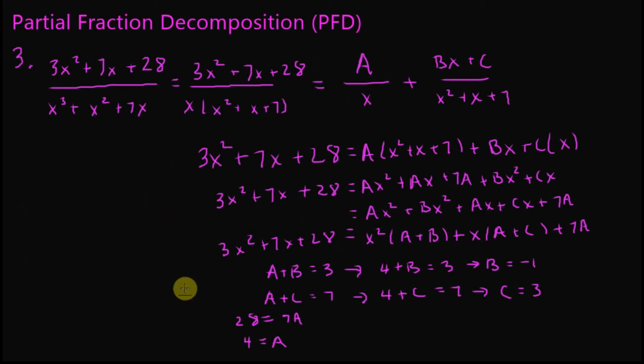Now we've solved this more complicated problem and can rewrite the partial fraction here as 4 over x plus (-x plus 3) divided by (x squared plus x plus 7). And if you doubt this answer, you can actually, like we did in the first and introductory example, multiply to get a common denominator and actually add these, and you should come back to the original fraction we started with.